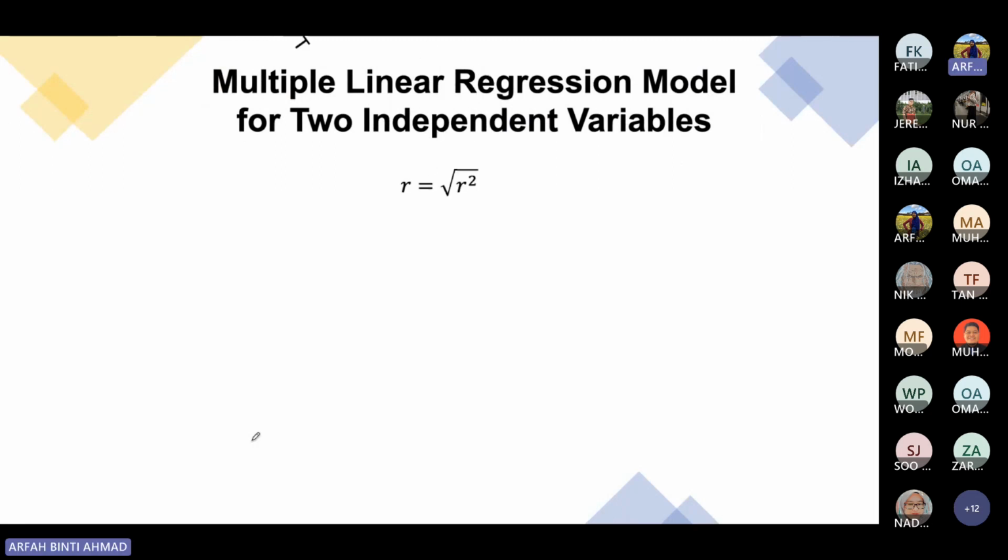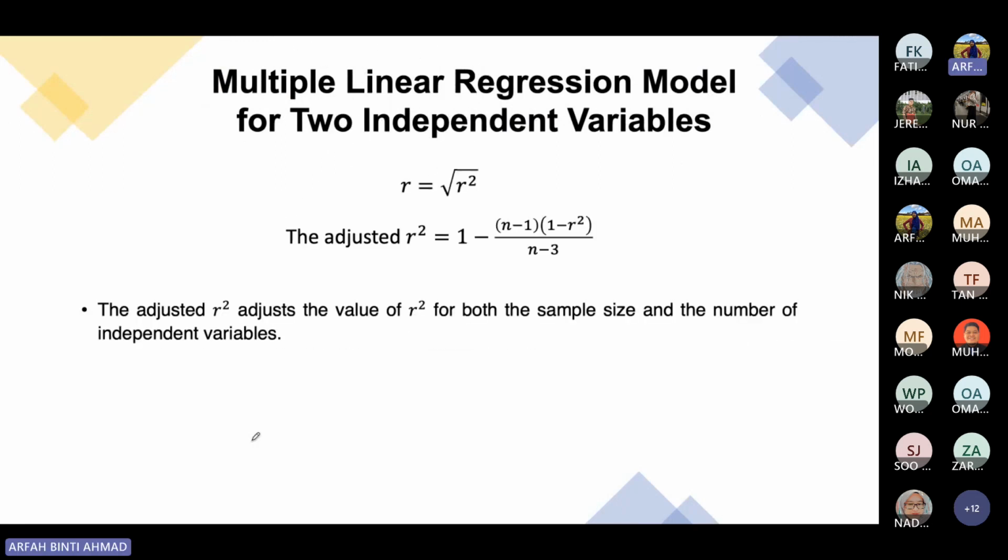So from here, we have this one. The adjusted R squared, by which adjusted R squared is the modification from the formula of R squared, by which it will be much more accurate. It will adjust the value of R squared for both the sample size and the number of independent variables.